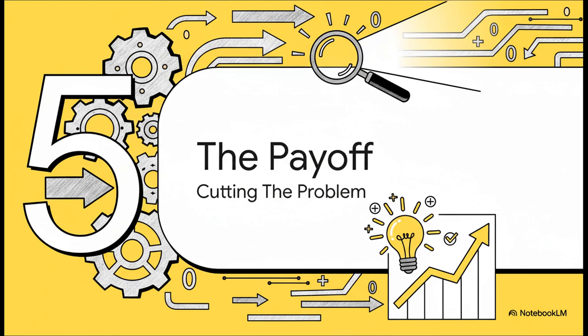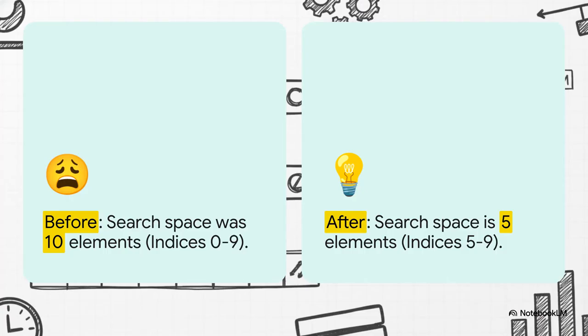Let's see what that one single interrogation actually accomplished. And this just lays it all out, doesn't it? We started with a search space of 10 different elements, 10 possible spots for that boundary. But with one single strategic check in the middle, we literally eliminated half of the array from our investigation. Poof, gone. Instead of 10 suspects, we have 5.